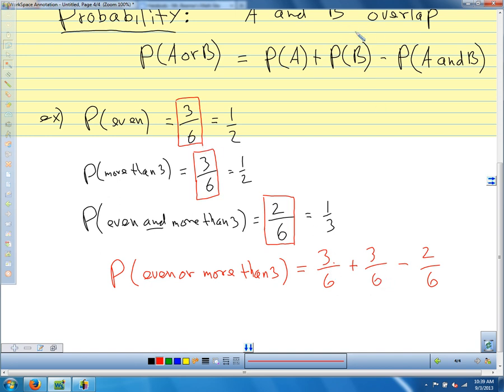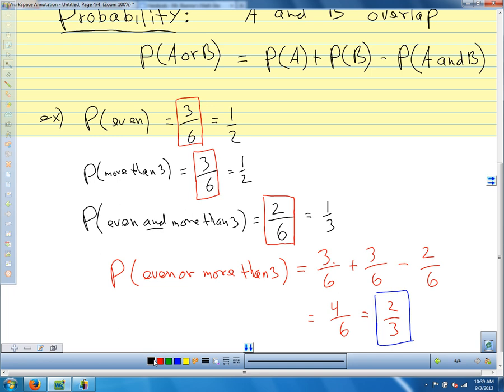We're adding because we have an or probability, and then we're subtracting the ones that we count twice. So I get 3 plus 3 is 6, minus 2 is 4/6. And we can reduce that to 2/3. And that's my final answer. 2 chances out of 3 is rolling a number that's even or more than 3.